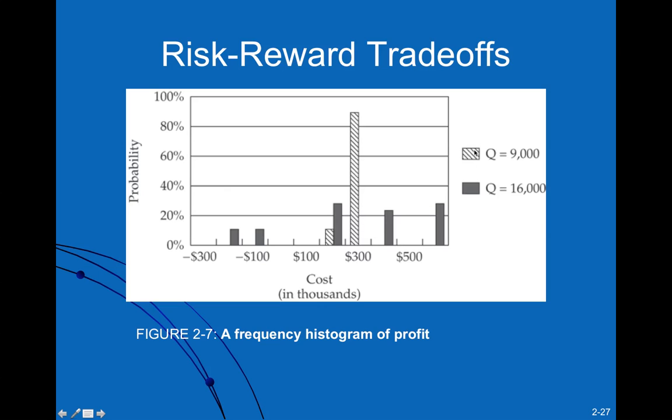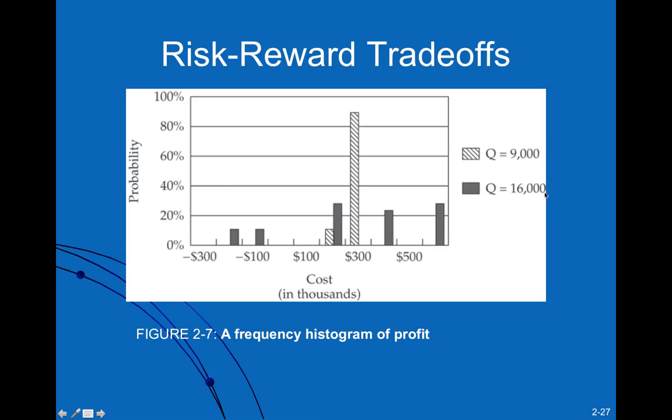If you decide to order 9,000 units, then you don't have any situation where you end up in a loss. But your opportunity for profits is really only at 2 points right here.